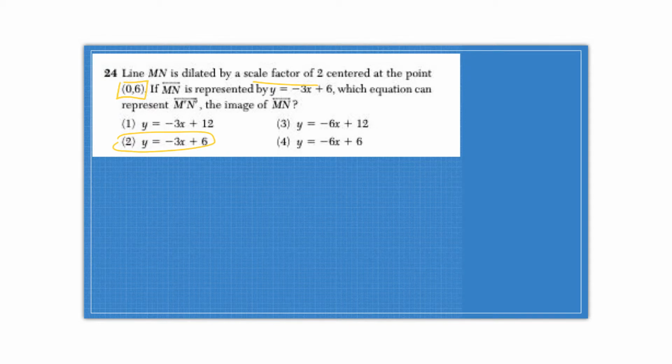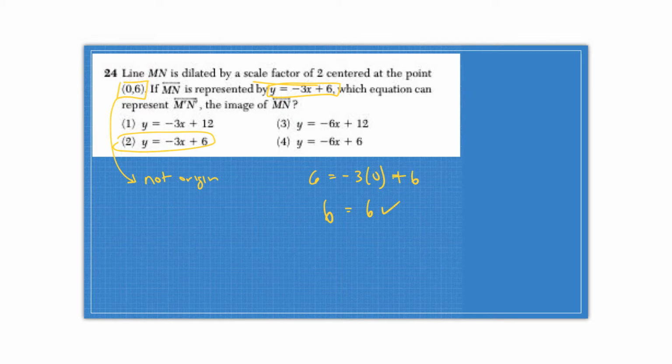The reason why is that anytime they ask you to dilate a line's equation by a point that's not the origin, there's a very good chance that that point is going to be on the line. So I would check that out right away. Plug in 6 for y and 0 for x, and you'll see that we get a true statement: 6 equals 6.